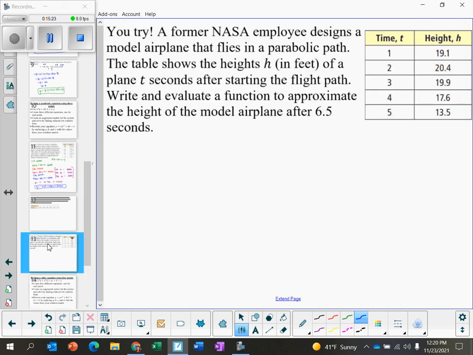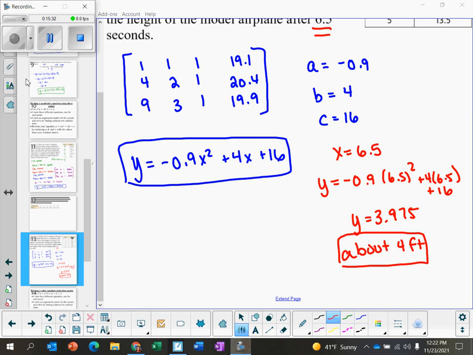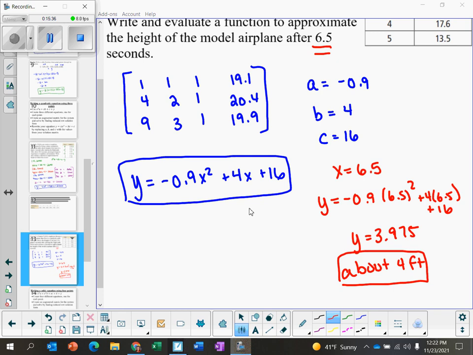You go ahead and try this one, pause it, and when you're ready, you can check your answer. All right, here's our answer. I noticed on the last one I forgot to do the rest of the problem, but we did the rest here. We found the equation and find the height of the model airplane after 6.5 seconds. So we would plug in x is 6.5 and get about 4 feet because it was 3.975.